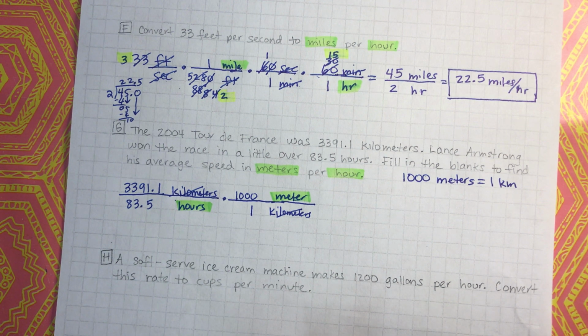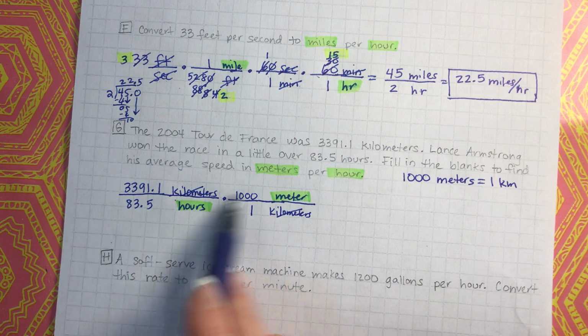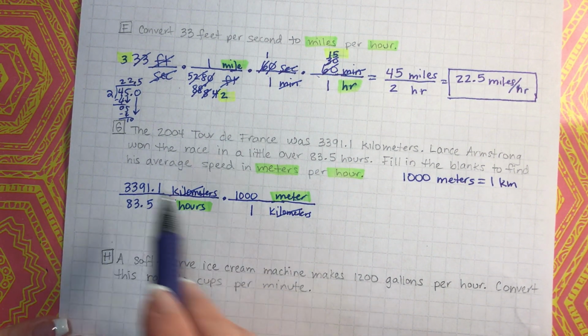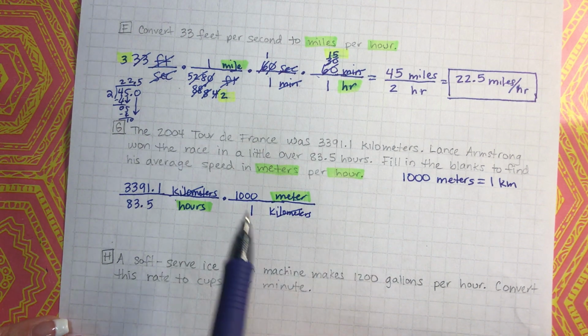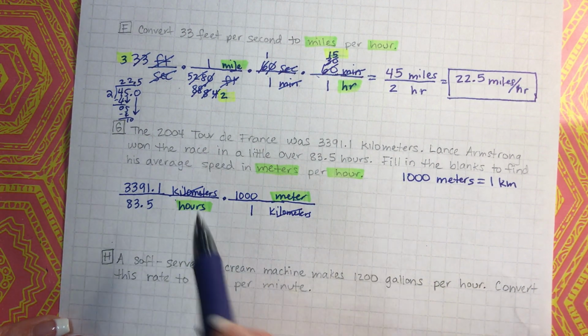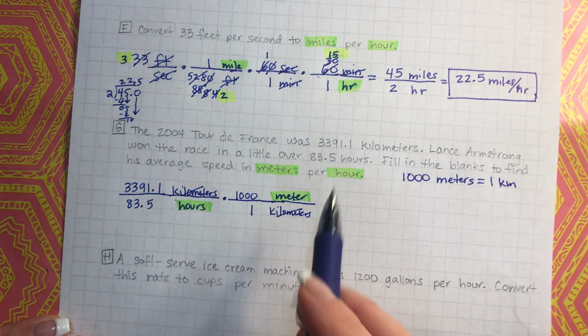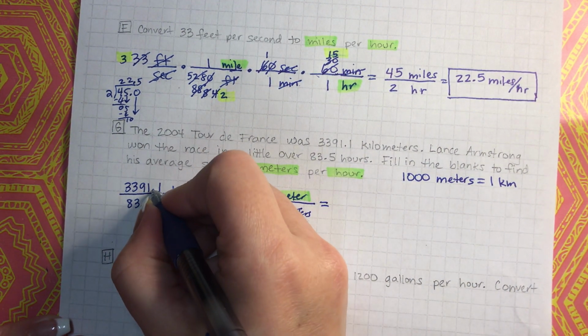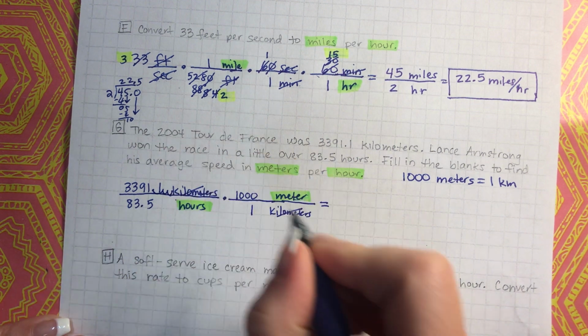So now we can't really cross cancel anything with the numbers because these are decimals. So we just need to multiply across and just multiply this number by 1,000, which means this decimal place is just going to move over 3 times. So it would move over 1, 2, 3.